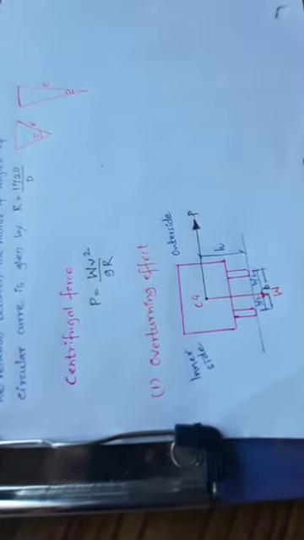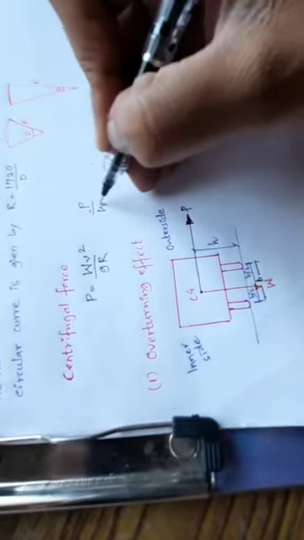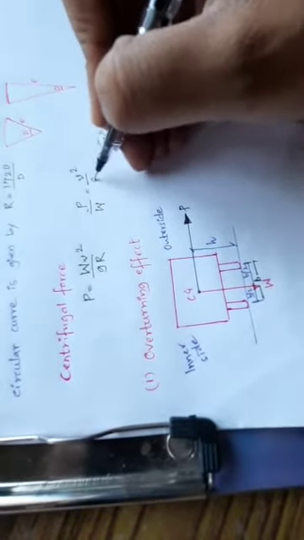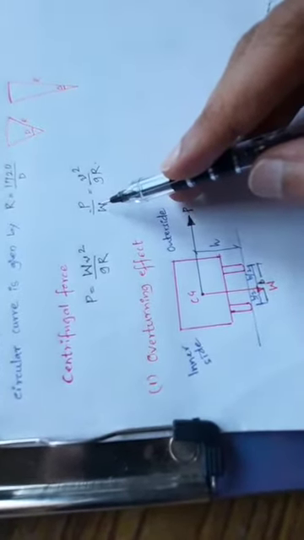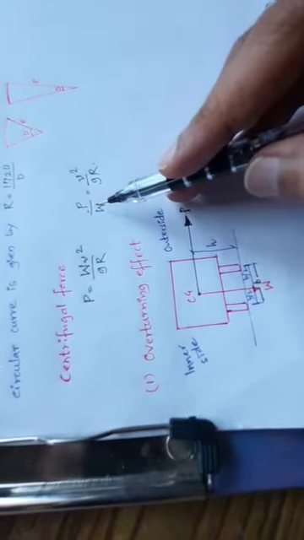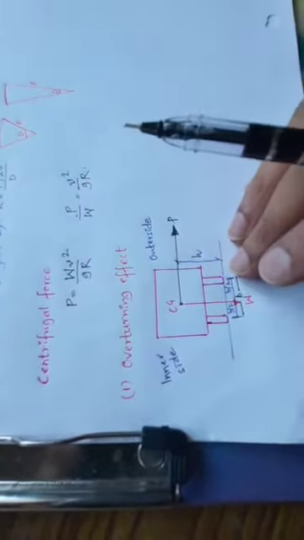Here one condition comes: P is equal to W V square by G R, so if I divide by W, P by W is V square by G R. This P by W we call the centrifugal ratio, or the impact factor. There are two conditions when the vehicle negotiates horizontal curves: one is the overturning effect, and the other is the transverse skidding effect.